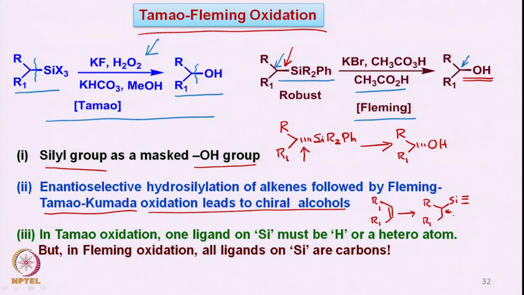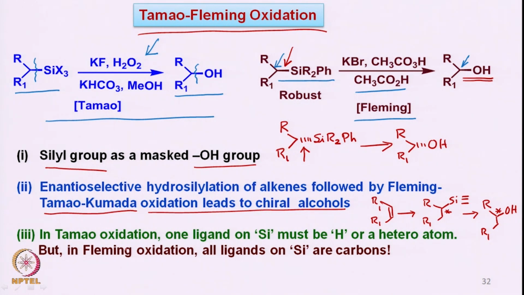Upon this oxidation you get the corresponding alcohol in a chiral fashion. So you start with a chiral substrate and you can get the corresponding chiral alcohol, because the oxidation is a highly stereospecific reaction.